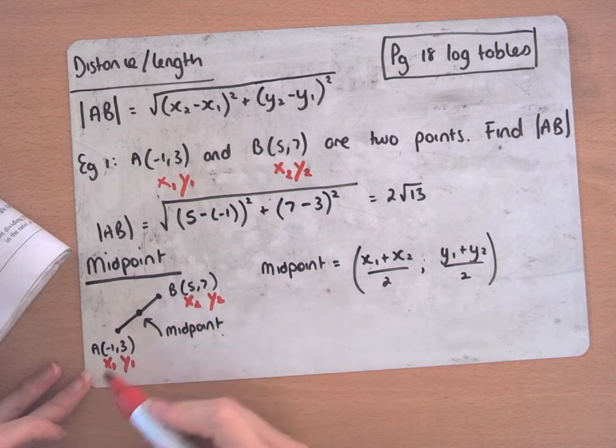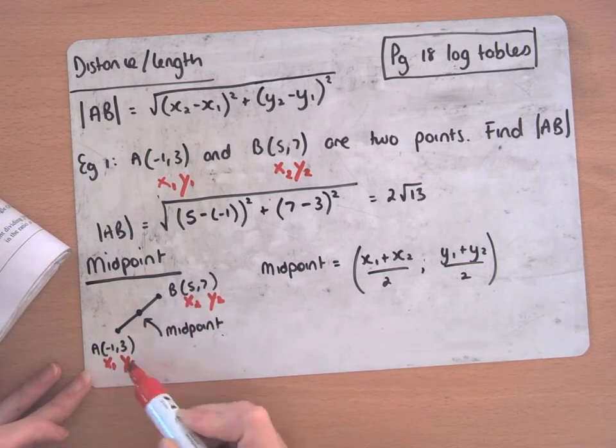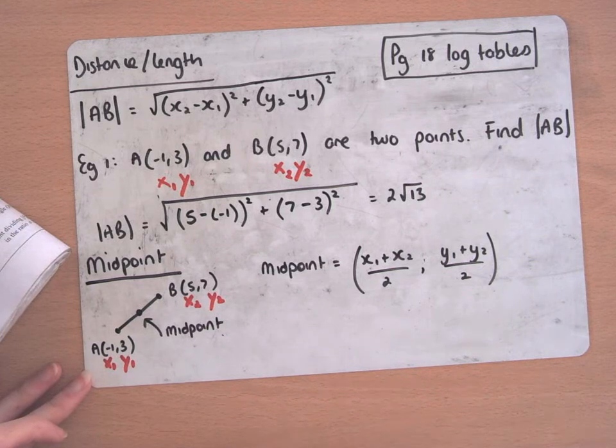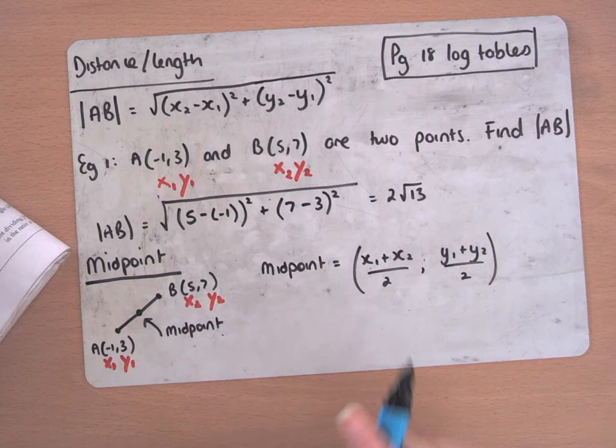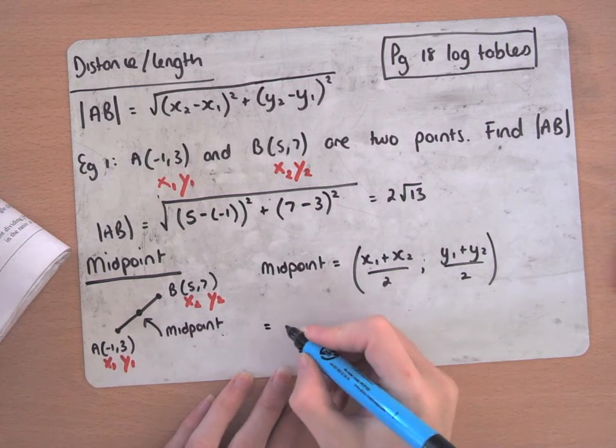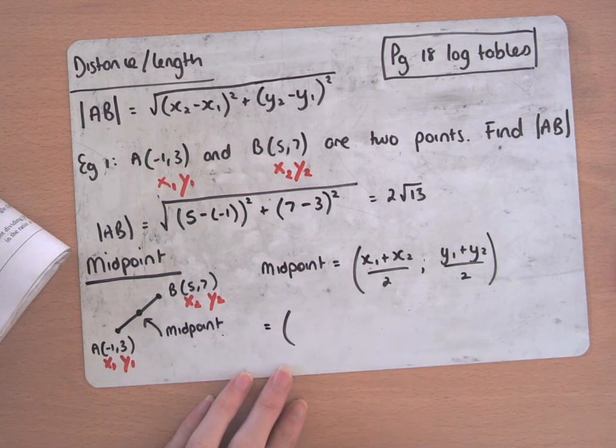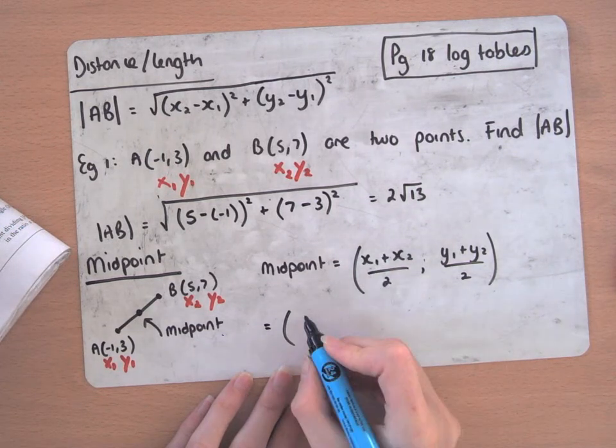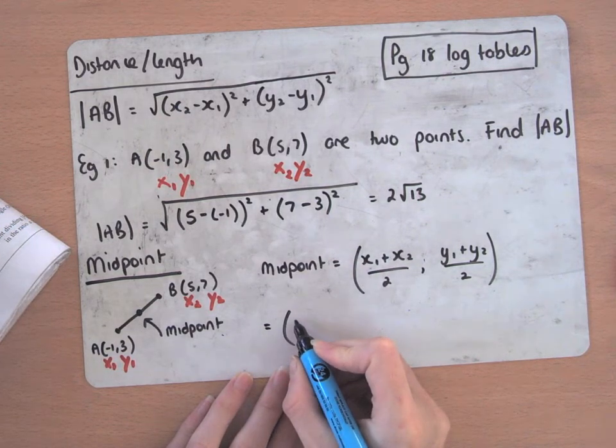Does it matter if you say this is x1, y1, x2, y2? No, it doesn't. Your answer will be the exact same. I just always go for the first one I see as my ones. So my midpoint's going to be, open my bracket, x1, what's x1?